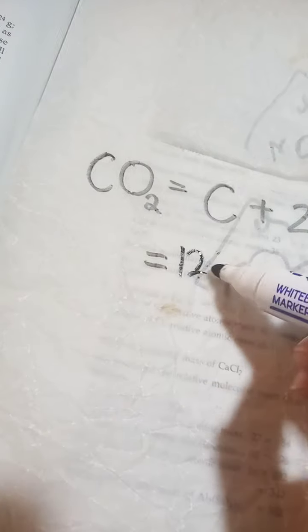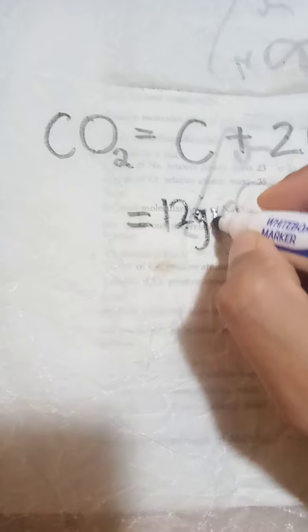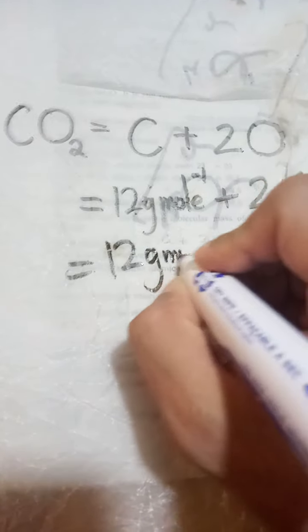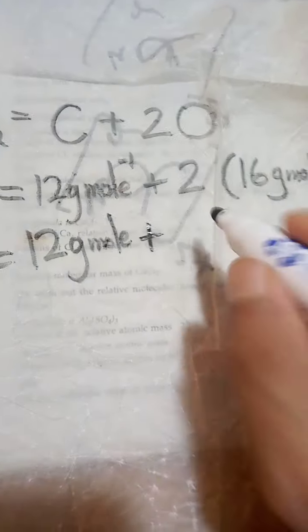So that's 12 grams per mole. Notice I'm using the unit grams per mole, plus 2 into 16 grams per mole. That'll be 12 grams per mole plus 32 grams per mole.